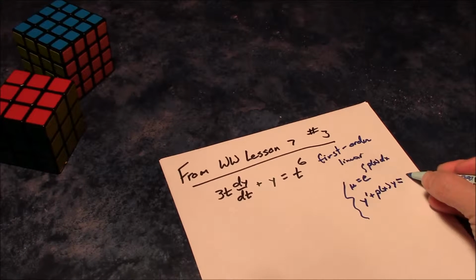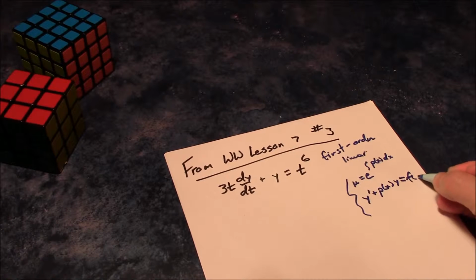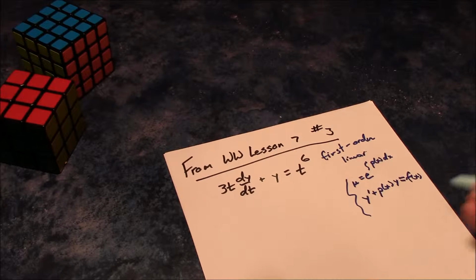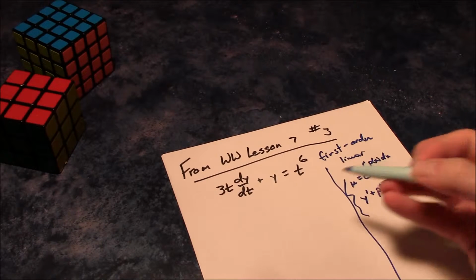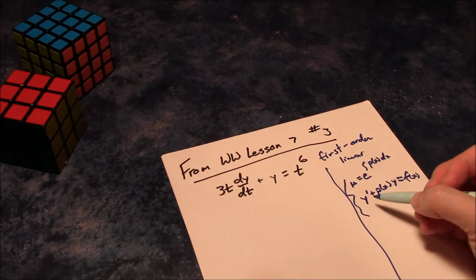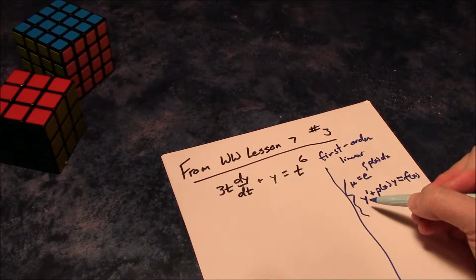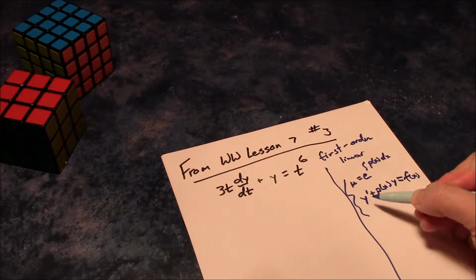Yeah, f of x or q of x or whatever you want. So the key is I have to have the coefficient of my y prime term to be a 1.